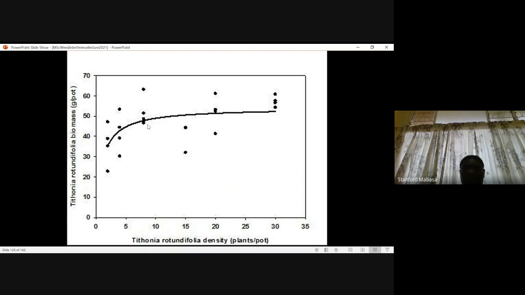So we get this sort of a shape which describes more or less a rectangular hyperbola.